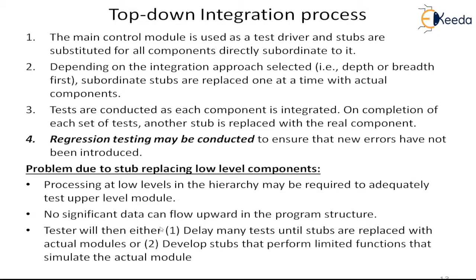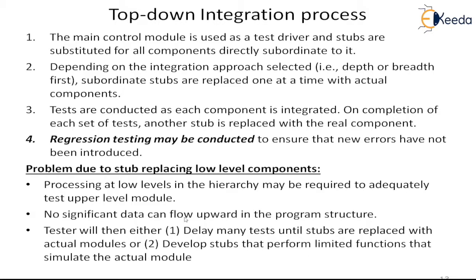No significant data can flow upward in the program structure. So this also cannot be tested. If there is a program flow upward, then that cannot be tested. The tester will then either delay many tests until stubs are replaced with actual modules, or develop stubs that perform limited functions and simulate the actual module.